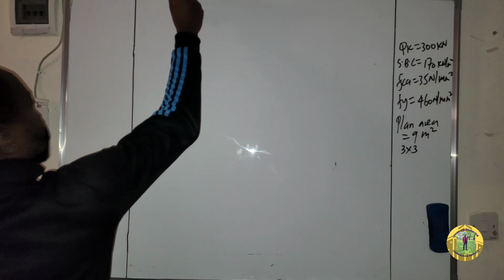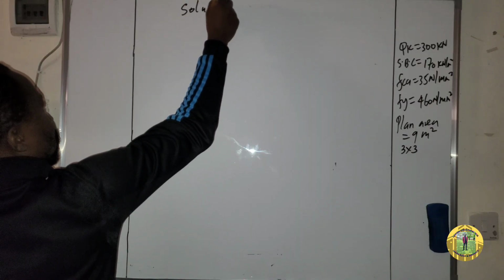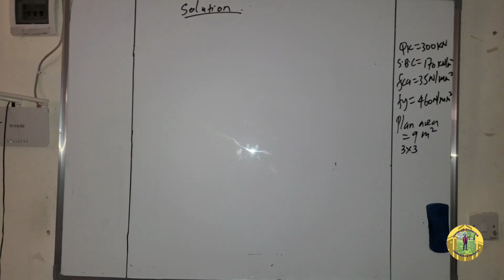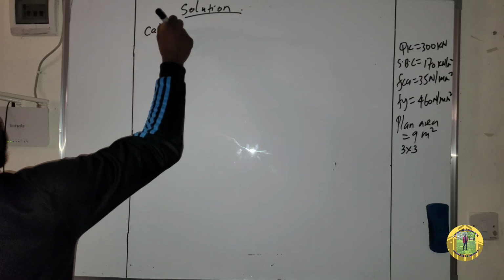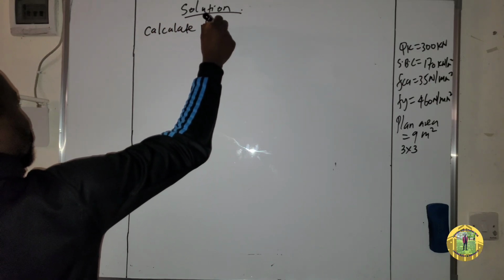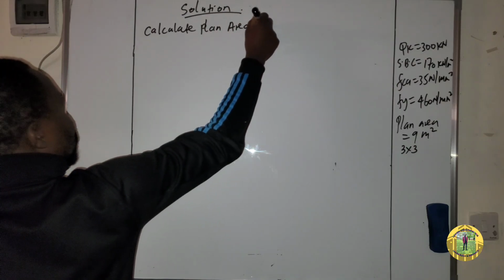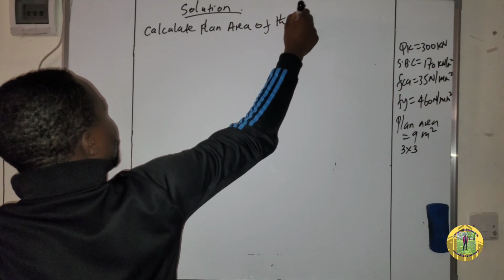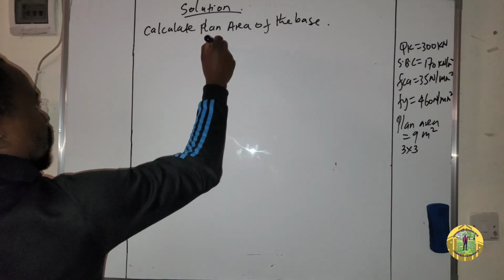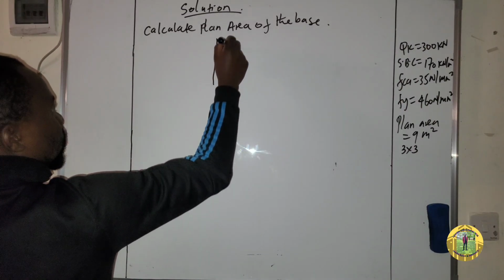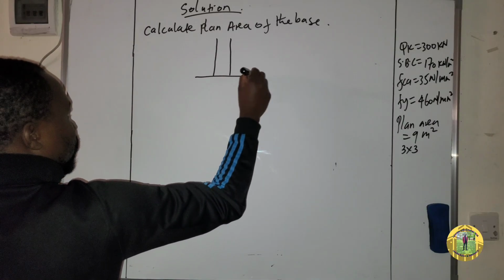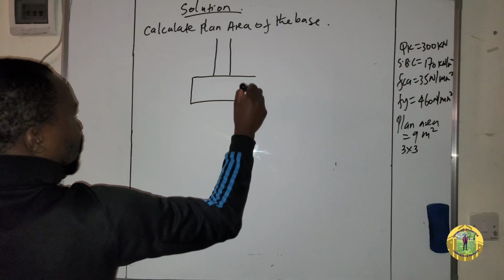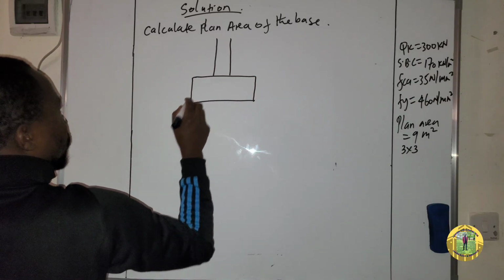So solution: the first thing to do is to calculate the plan area of the base. So if this is a column, and this is the base, then we need this area.